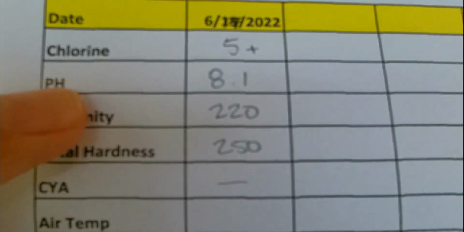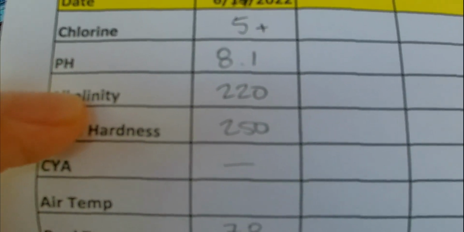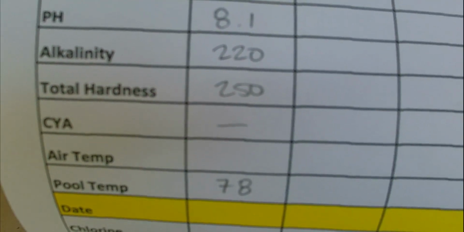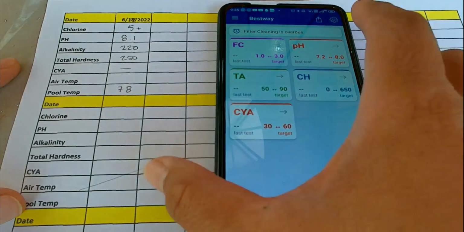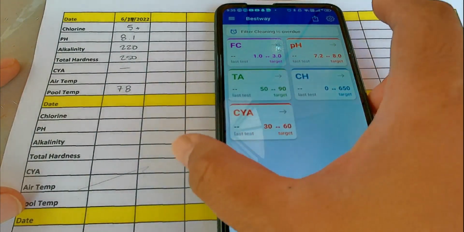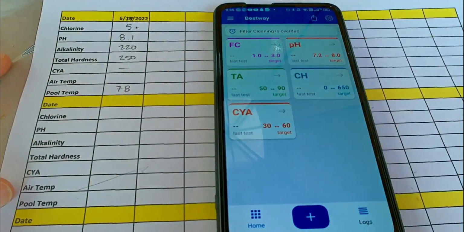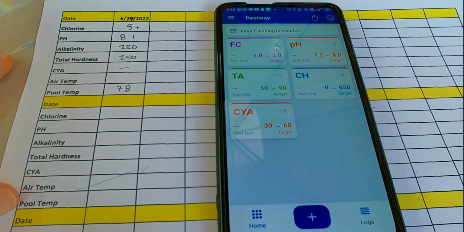If you look here, I have a pH of 8.1. My alkalinity is 220, so I need to bring that down to about 80 ppm. So what I'm going to do right now is bring the pH level down to 7.2, because my target is to bring the alkalinity level to around 80.